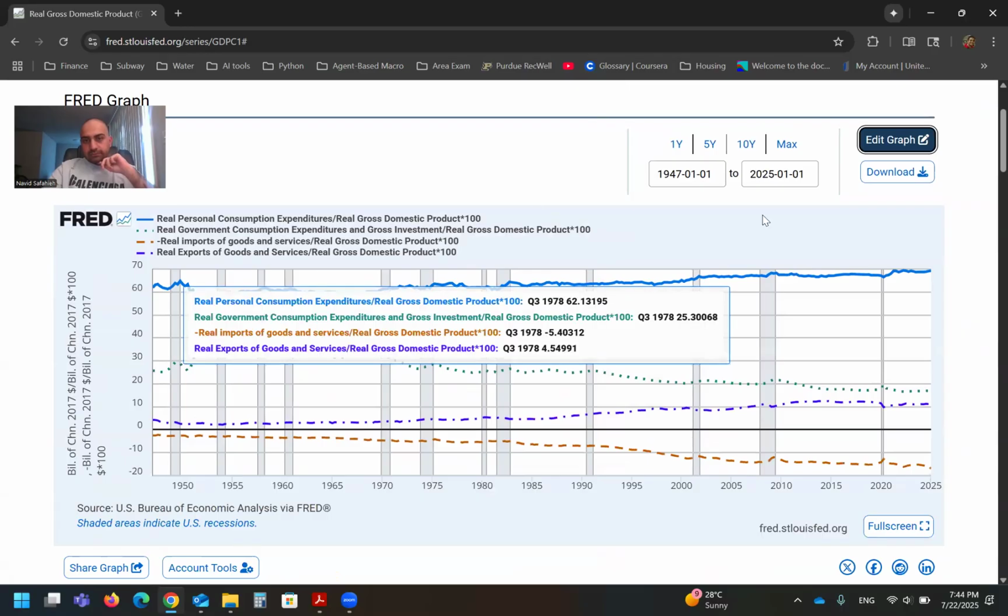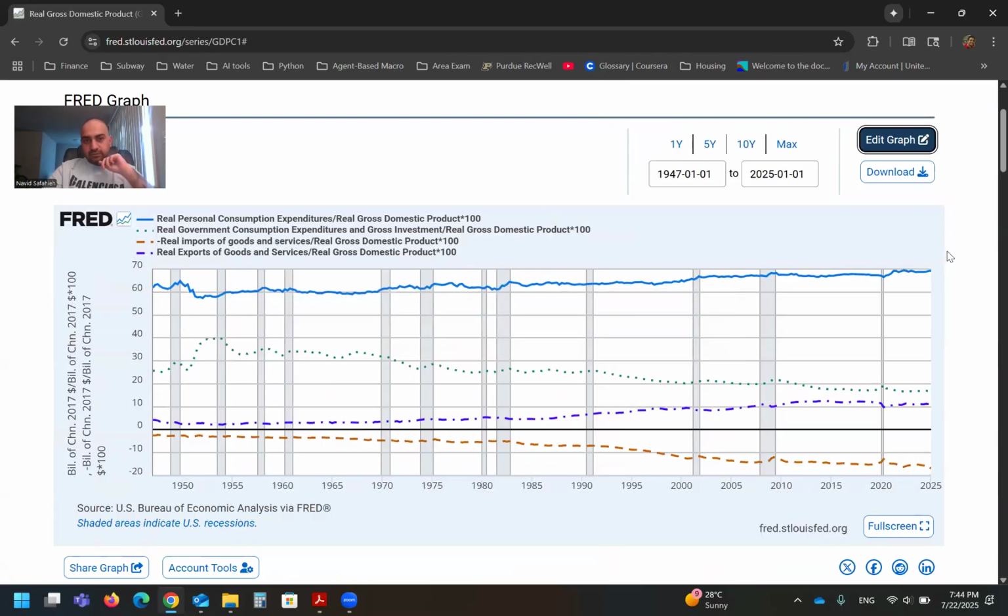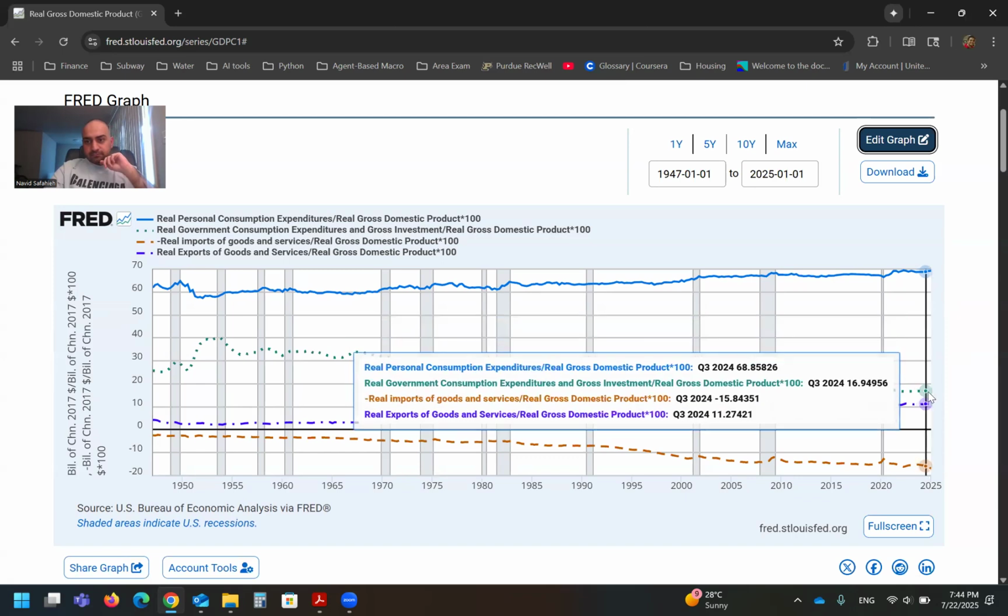So now I think you learned how to replicate the figure from your slides. Another thing that I wanted to show you is that imports has a higher share when you compare it to exports.